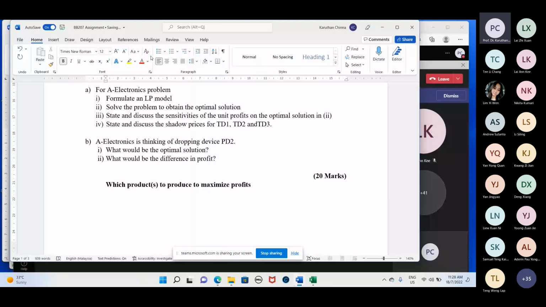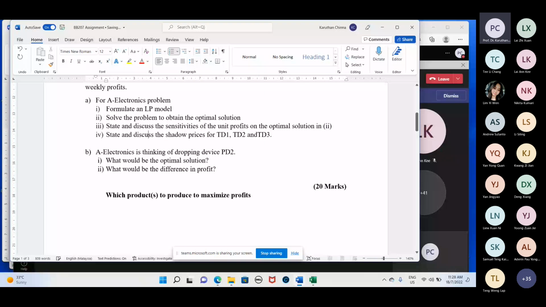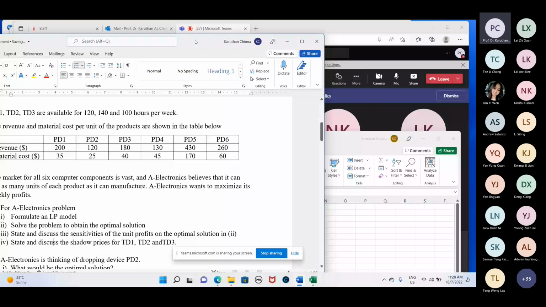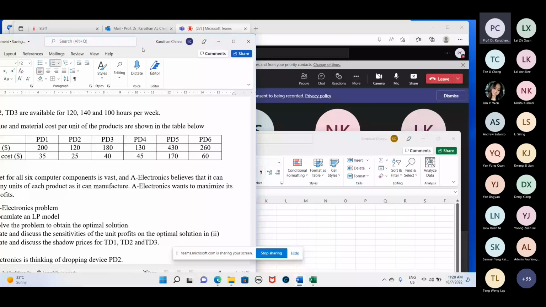So first, you have to formulate. I'll leave it to you. Next, how to use Excel Solver. Okay, tell me something. What do you do in the Solver? Because somebody asked, most of you have followed the Solver.